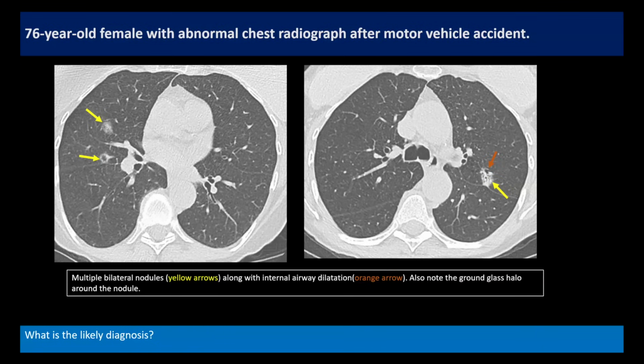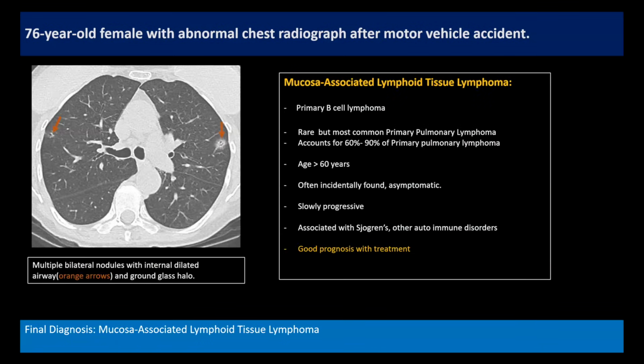To suggest the diagnosis of mucosa associated lymphoid tissue, or MALT, lymphoma, you have to think about these multiple nodules, which can either be cavitary or non-cavitary, but the distinctive feature which I find helpful is the presence of bronchial dilatation within the nodules.